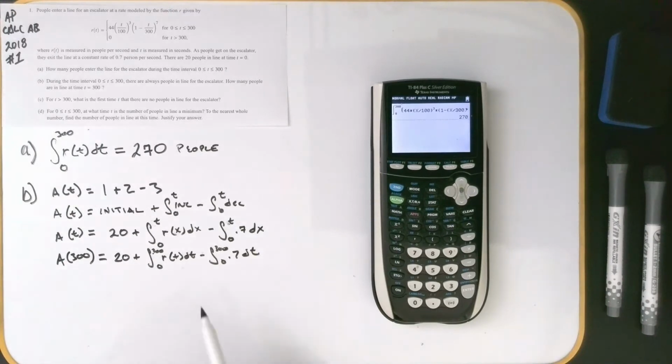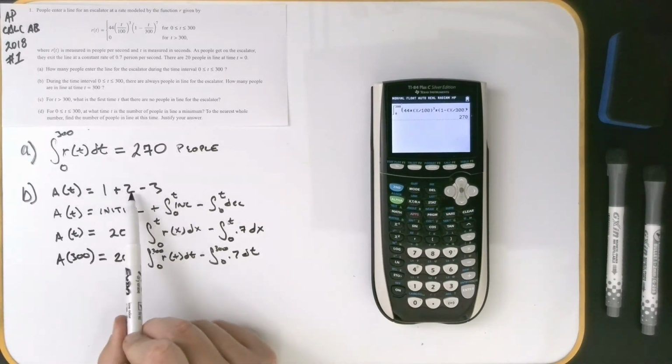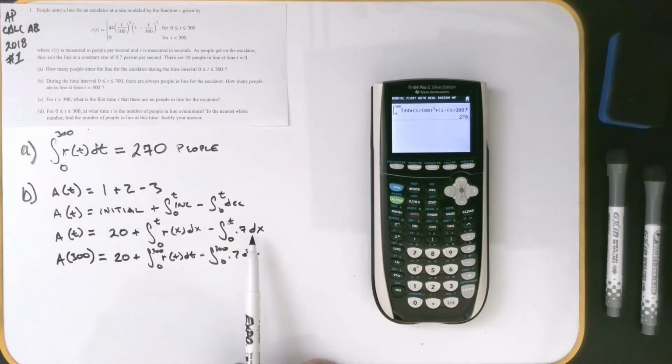For some of you, you might want to combine this into one integral, and that's fine. But here's your setup, and this is a common theme, even with position, velocity, acceleration questions. Your amount is always three things: initial plus the increase minus the decrease, there it is. Set up your generic form of your integral, and then put in the t-value they're asking for. So they're saying 300, there it is.